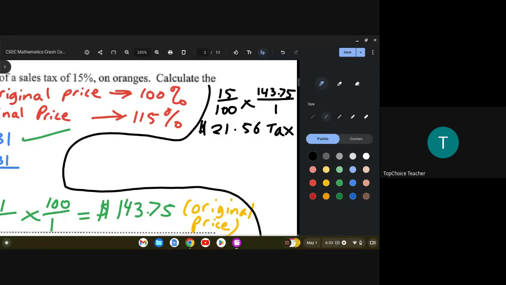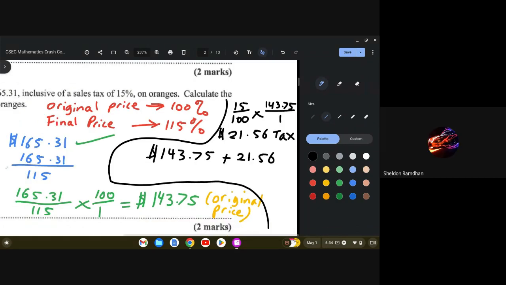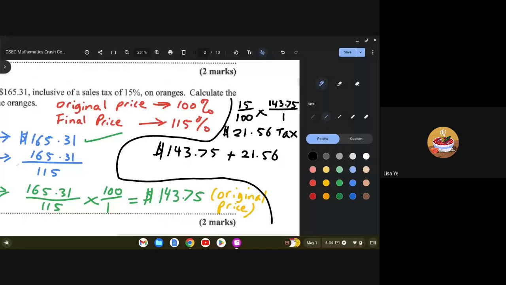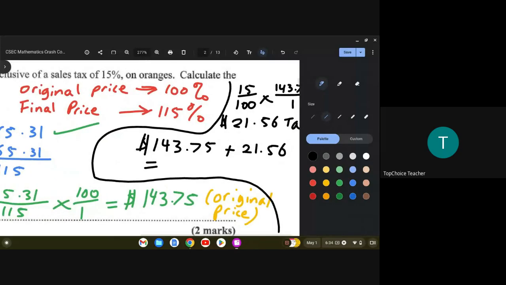If we add this tax back to the original price, what would we get? So that would be $143.75. Add the tax of $21.56. What is that giving us? 165 and 31 cents. So that means the final price she would have paid was $165.31.